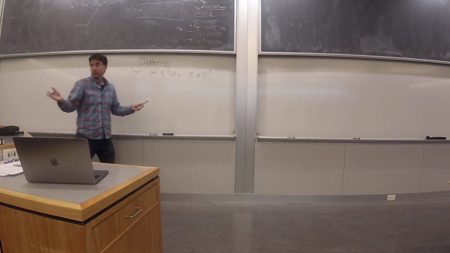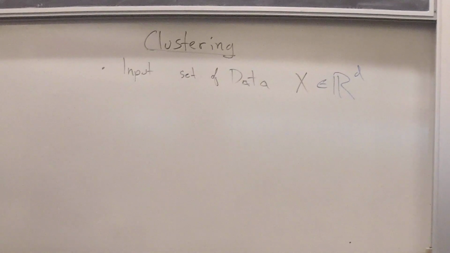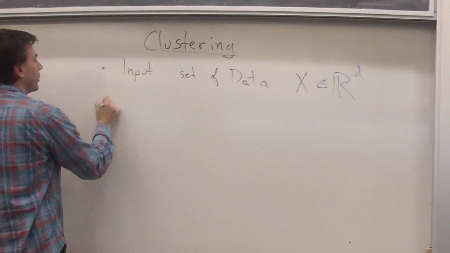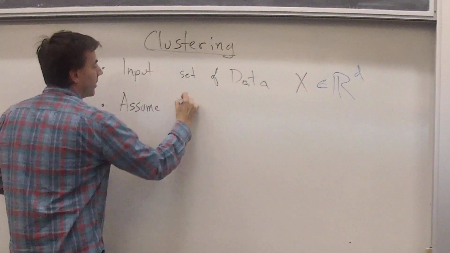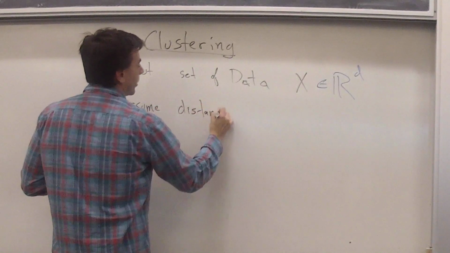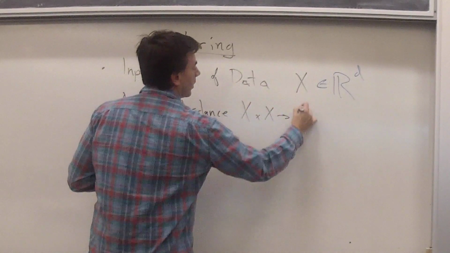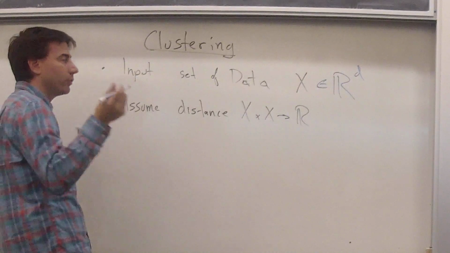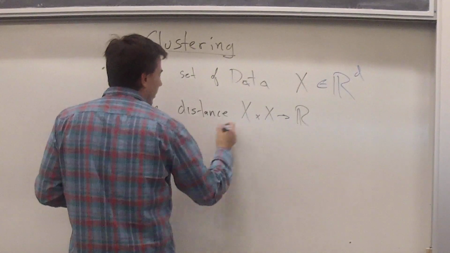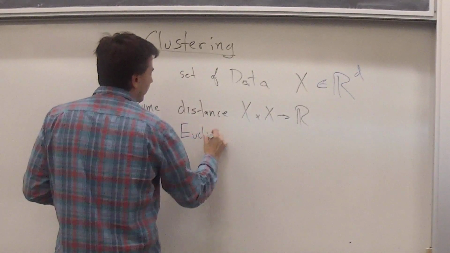This is not true in general, and in the data mining class we talk much more about some generalizations of this. Okay, we're going to assume some distance, and in this class we'll specifically use the Euclidean distance.